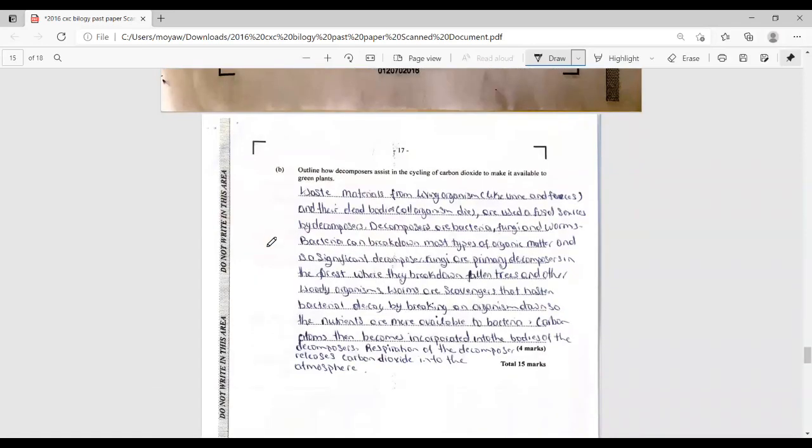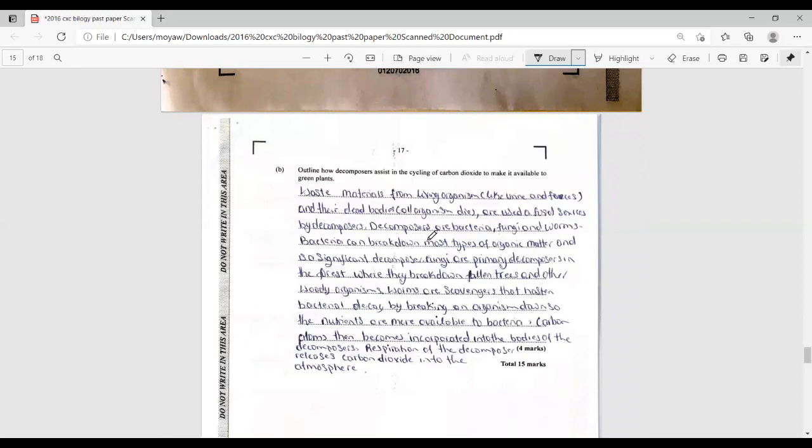So B, outline how decomposers assist in the cycling of carbon dioxide to make it available to green plants. So waste materials from living organisms like urine and feces and their dead bodies, so in brackets all organisms die, are used as food sources for decomposers. Decomposers are bacteria, fungi, and worms.